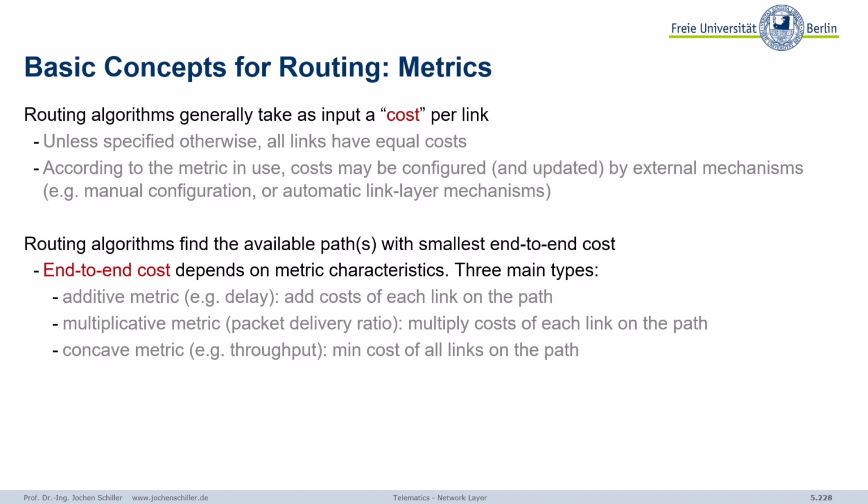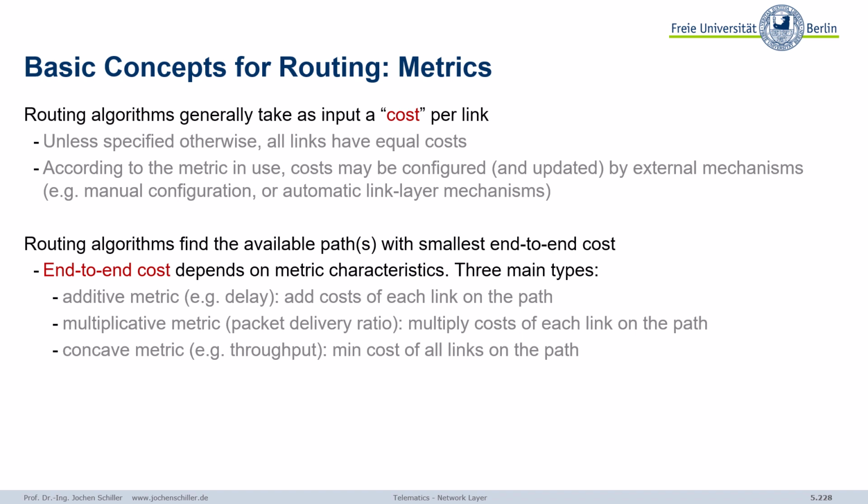So end-to-end cost depends on these metrics. And what do we have? Typically additive metrics like delay. If we try to find a path with a minimum delay, we can add the delays of the links plus maybe delays in the routers. Or multiplicative metrics like packet delivery ratio.